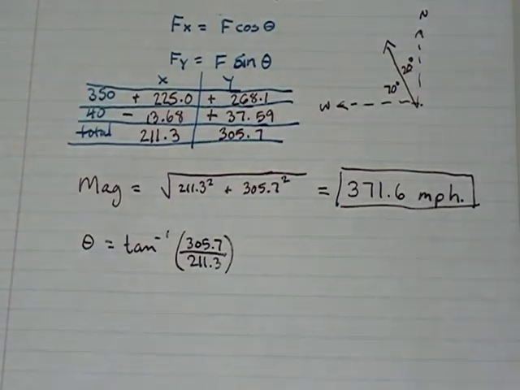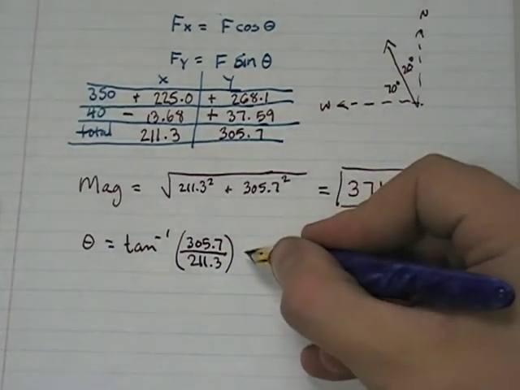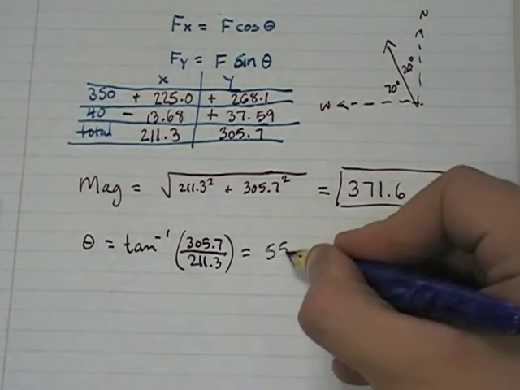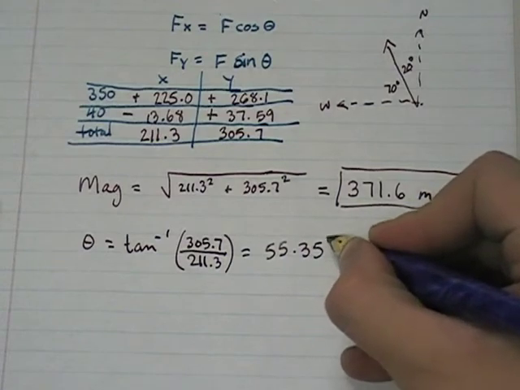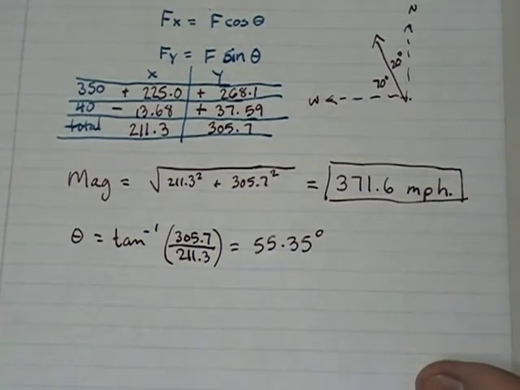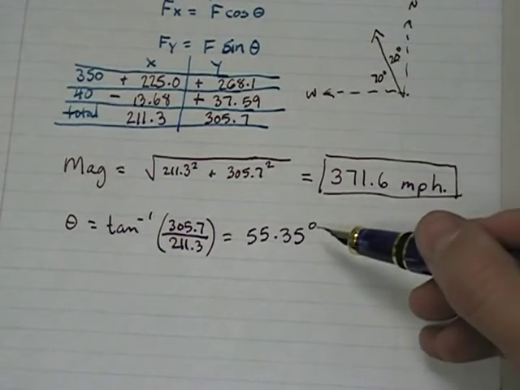And if I take the inverse tangent of 305.7 divided by 211.3, I get 55.35 degrees. Now remember, this is a mathematics answer.